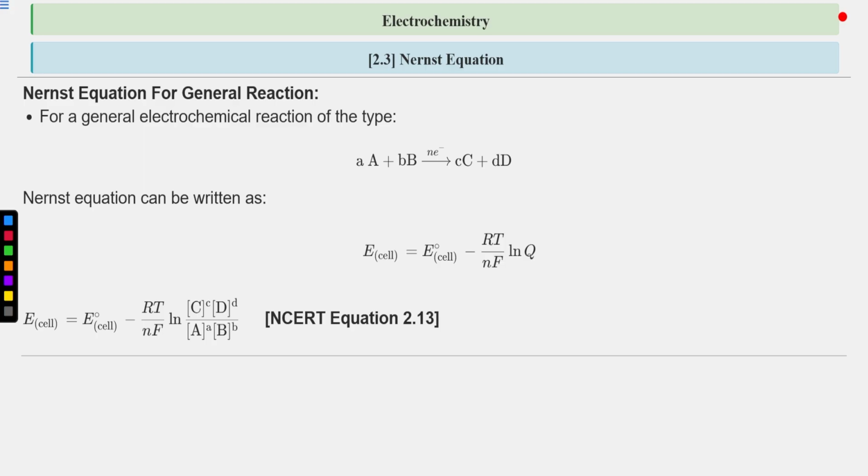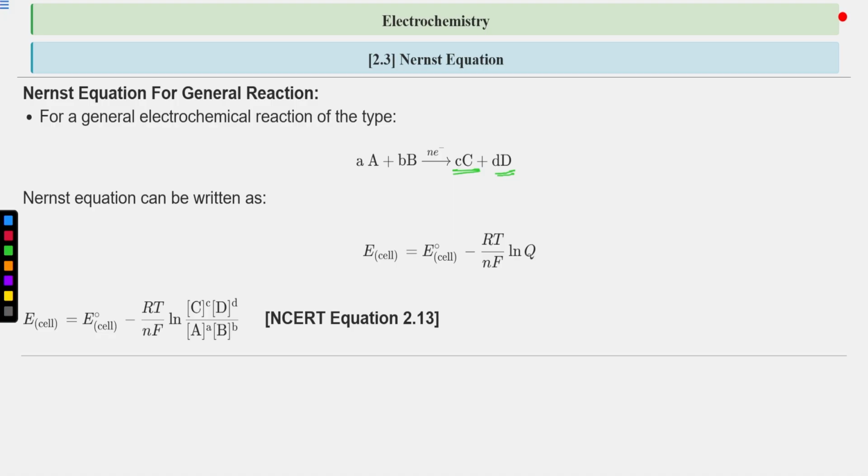So Q will be the product upon the reactant. The products are C and D, and their coefficients come in the power.